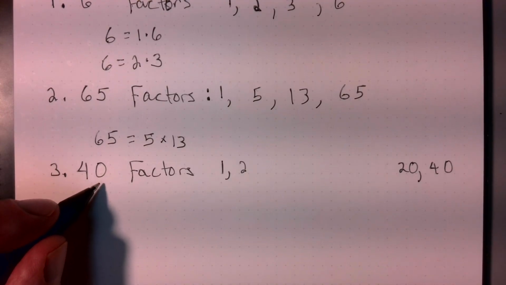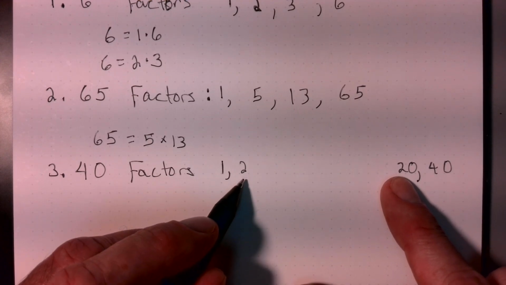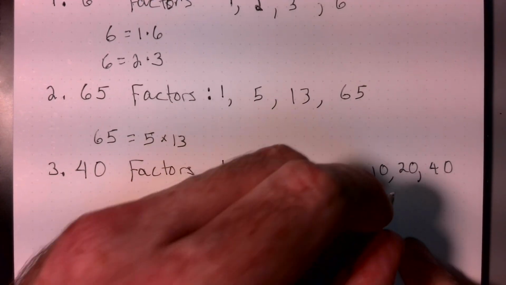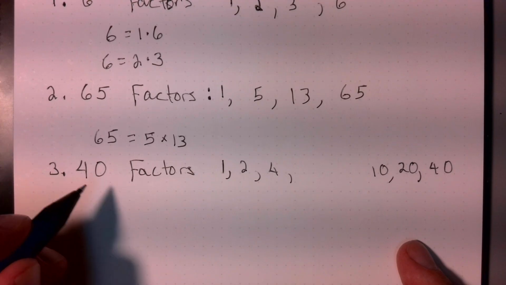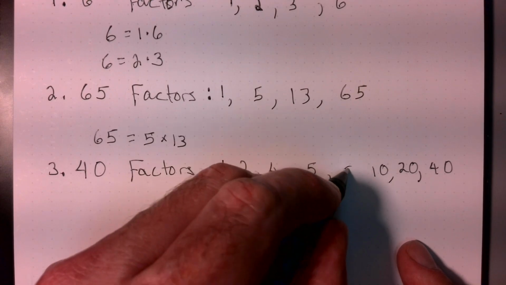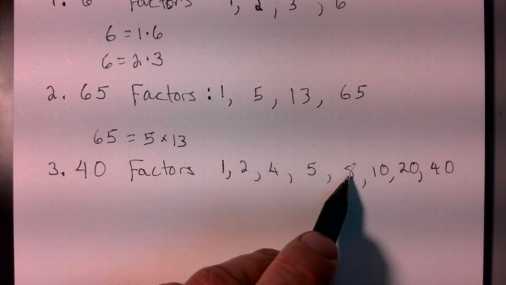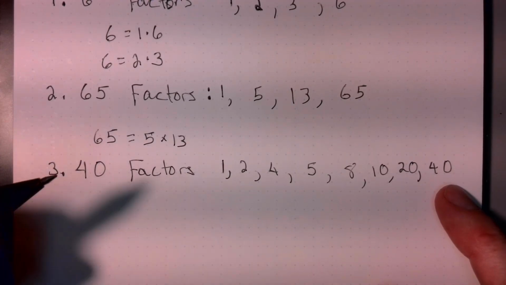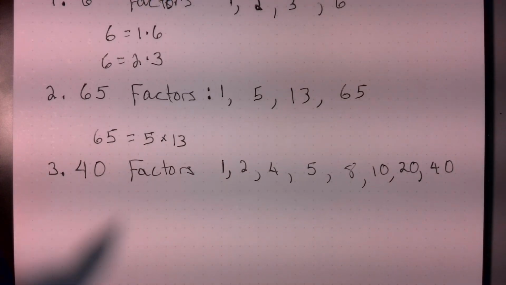So if you end in 0, 2, 4, 6, or 8, you're divisible by 2. And what do you need to multiply by 2 to get 40? You need to multiply by 20. Okay, you got 4 and 10. 40 is divisible by 5 as well. 5 and 8, and I think I have exhausted all the factors of 40, right? The next biggest thing that goes into 40 is 8, and that's already on the list. So a neat trick for making a list of factors: I kind of start from both ends and work my way in. Sometimes I have to erase to give myself a little more room, but that's okay.